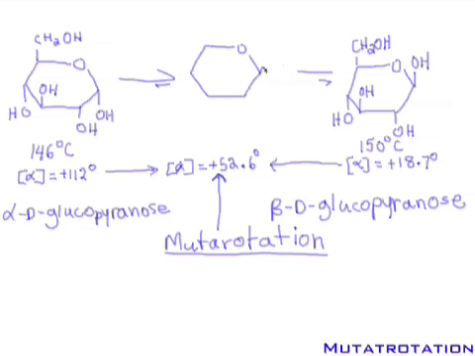And I'm going to use a squiggle. If you see a squiggle, what a squiggle means is you don't know the stereochemistry, or that there's some equilibrium between the OH being up and the OH being down. So the anomeric carbon's OHs get scrambled.